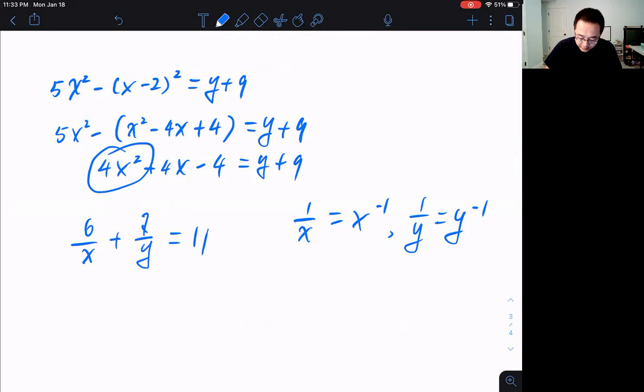So this really is 6 times x to the negative first power plus 7 times y to the negative first power, and this equals 11. So clearly you don't have x and y at their first power, so this is also not a linear function.